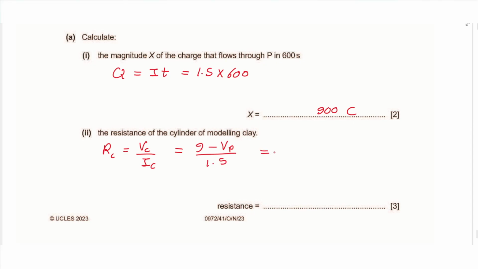We can get the voltage across P using V equals IR. Voltage is equal to the current multiplied by the resistance. So 9 minus the product of 1.5, the current, by 4 ohms, the resistance, and then we divide all that by 1.5. That gives an answer of 2.0 ohms.